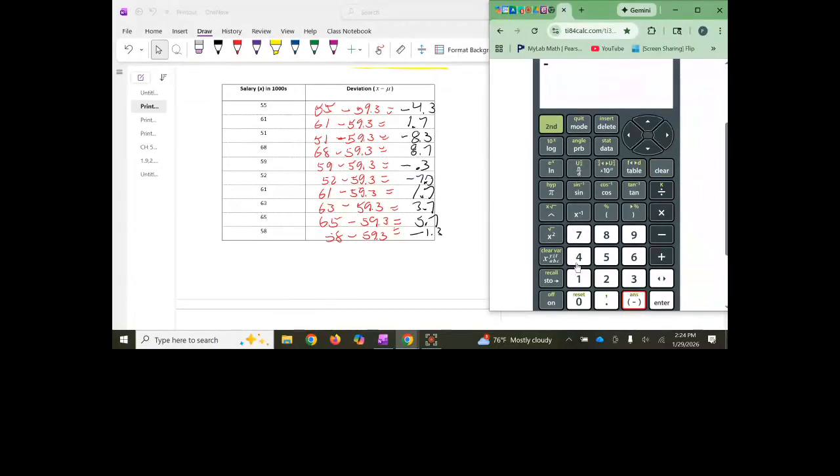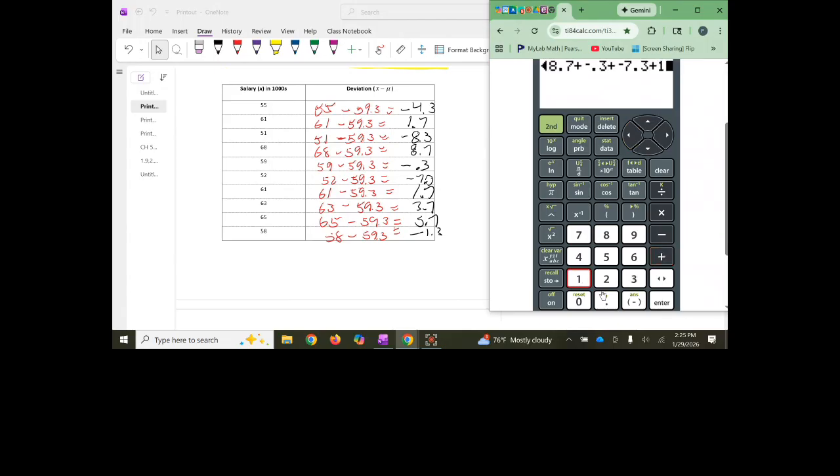So look, negative 4.3 plus 1.7 plus negative 8.3 plus 8.7 plus negative 0.3 plus negative 7.3. Oops, 7.3. Be careful somewhere. Boom.